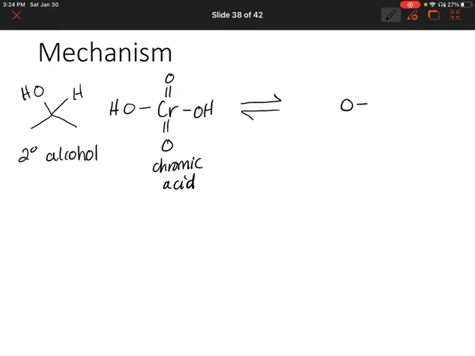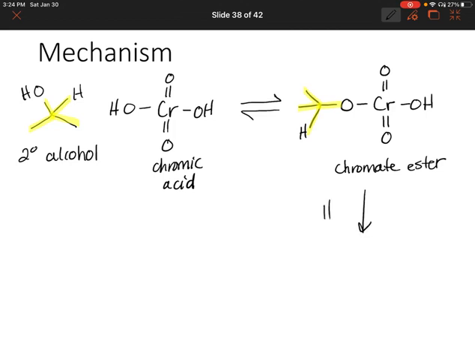So we kind of end up with this strange molecule here. All right, and, oh, sorry, one of those is a hydrogen. So let me just highlight the portion that ends up bonding to the chromic acid. And we would actually call this a chromate ester intermediate.